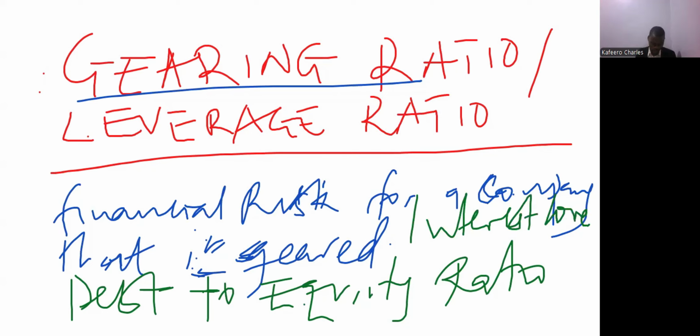These are ratios that we studied in our advanced financial management. So one way is to use the gearing ratio, and the gearing ratio is mainly debt to equity ratio or the interest cover ratio.